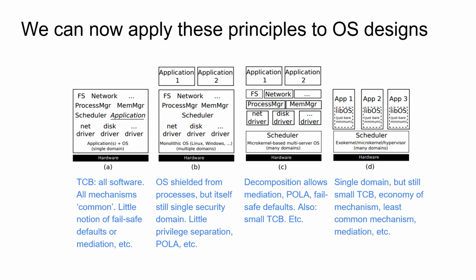There's some mediation, for instance, for all the operations performed by the applications, but the operating system itself is still a single security domain. So as far as the operating system is concerned, there's very little privilege separation. There's no principle of least authority, and so on.